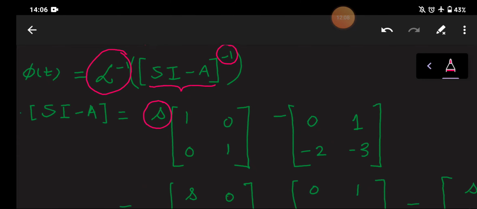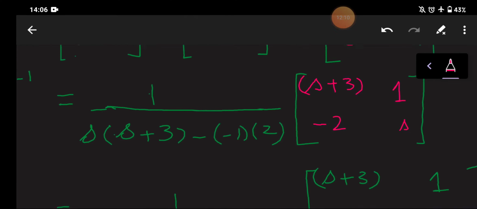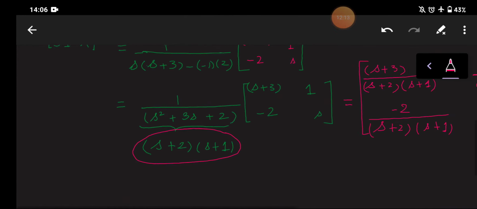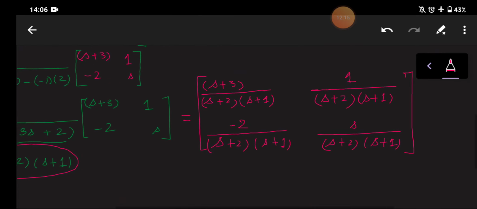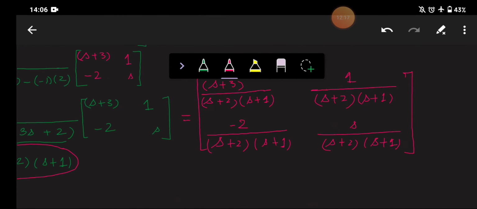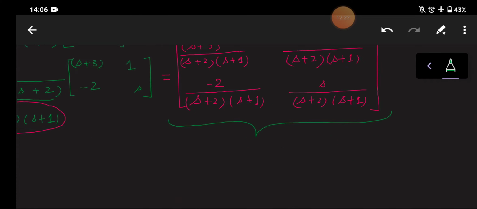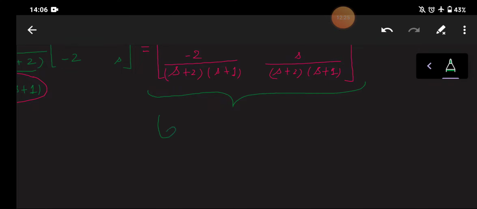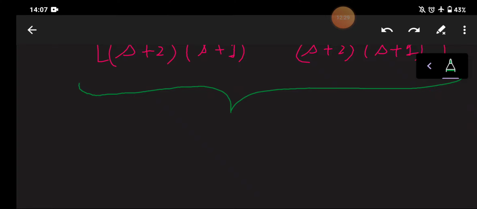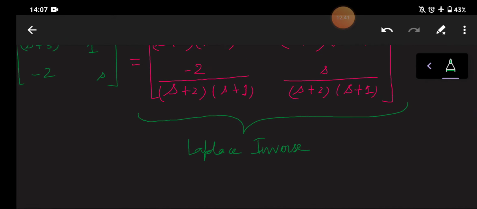So in the next step we want to do Laplace inverse on this matrix. And as soon as we get the Laplace inverse, we will have our final answer.